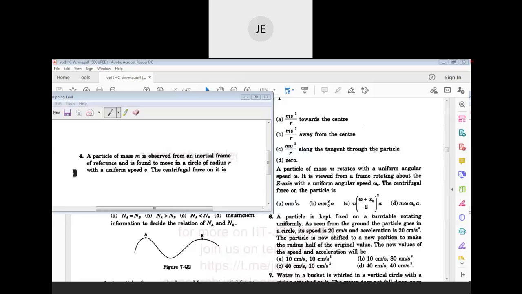mv square by r away from the center, with respect to the non-inertial frame. See here, non-inertial frame means with respect to the body which is moving in a circular motion path. That is called the non-inertial frame. Inertial frame means the observer outside the circular motion.